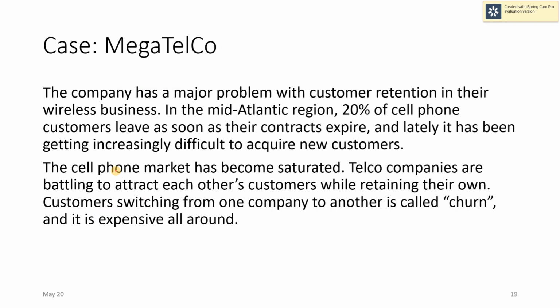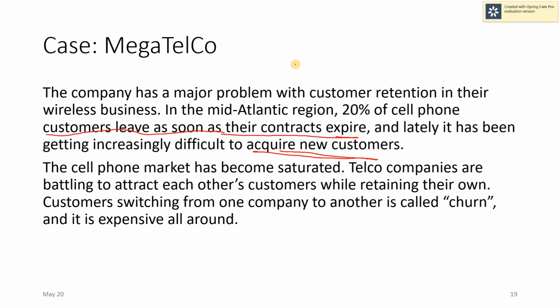So consider this case, a MegaTelco case. For example, this company is a cell phone company, and it says that customers leave as soon as their contract expires. And lately, it has been increasingly difficult to acquire new customers.